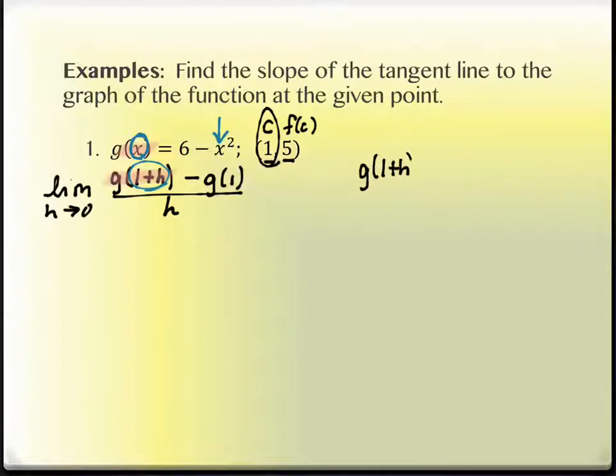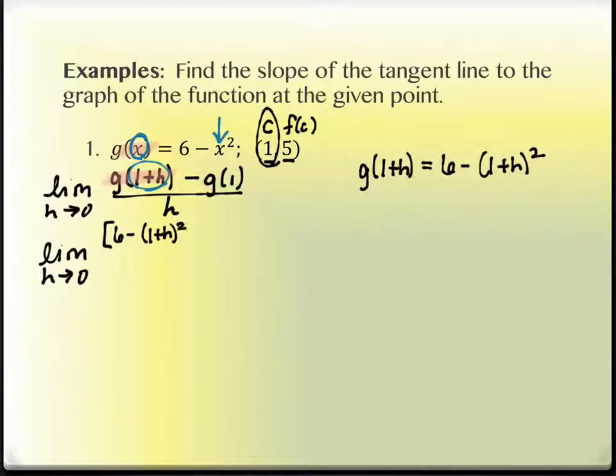When I'm doing this g of 1 plus h, it means that I'm going to have 6 minus 1 plus h squared. So if you want to do the algebra to simplify that as a side step, that's okay. You don't have to. But it's going to be there whether you do it here or later. So right now I'll put it in brackets, 6 minus, and I have 1 plus h squared.